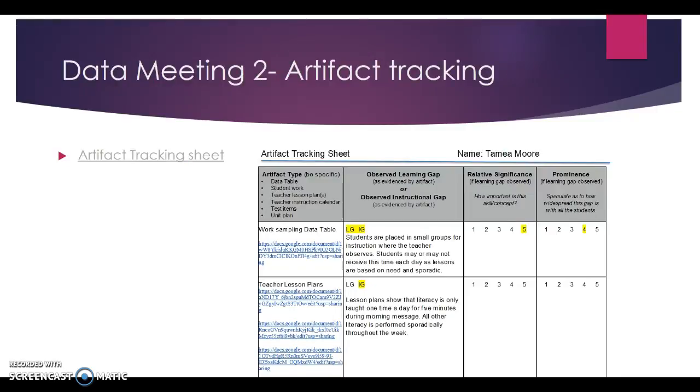In Data Meeting 2, each member of my PLC chose several artifacts to help examine their exploratory question. They examined the data for instructional and learning gaps and the prominence of those gaps, as shown on this artifact tracking sheet.